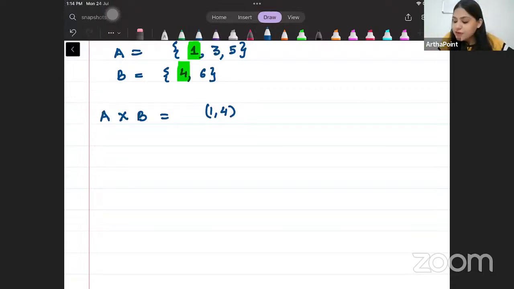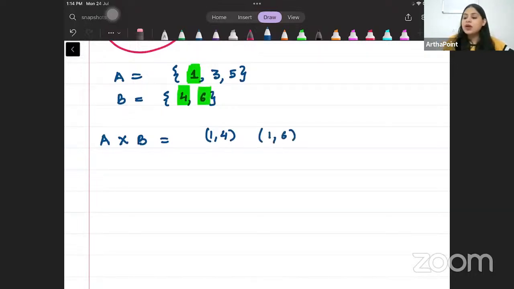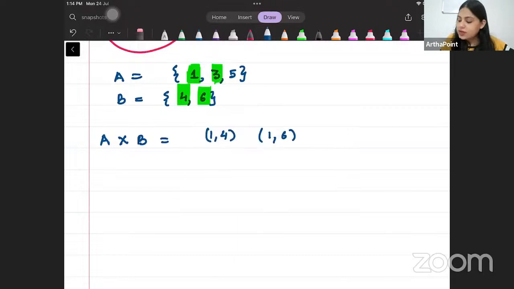So beta, what will I get? 1, 6. Then I will take the second element of A and map it to the first element of B. So what will I get, beta? 3, 4. Similarly, I will get 3, 6.